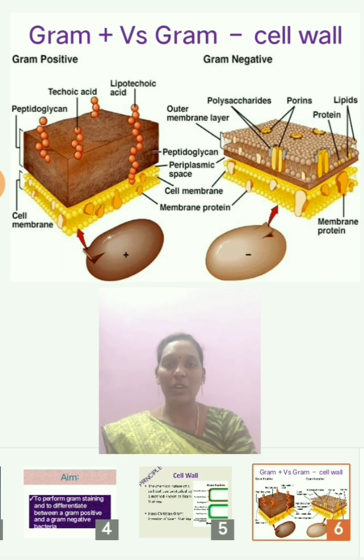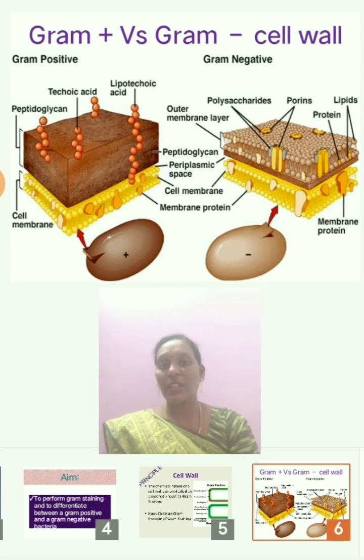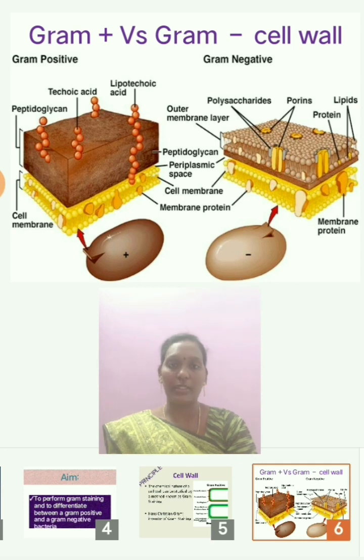And an additional difference is that the gram negative cell wall has an additional outer membrane, which is completely absent in a gram positive cell wall.